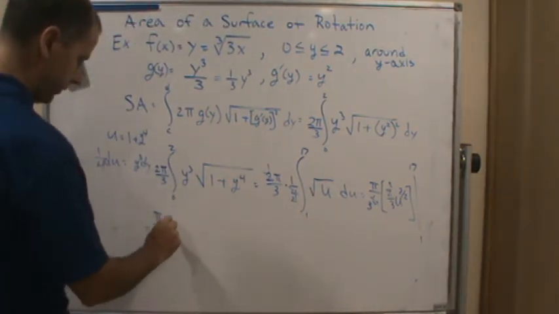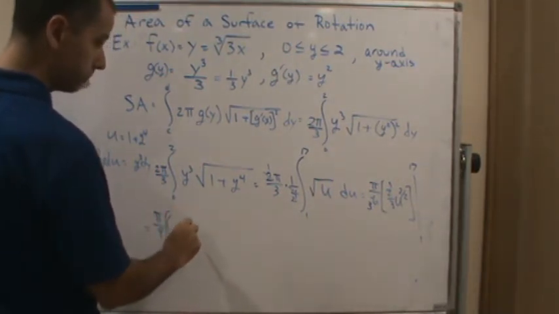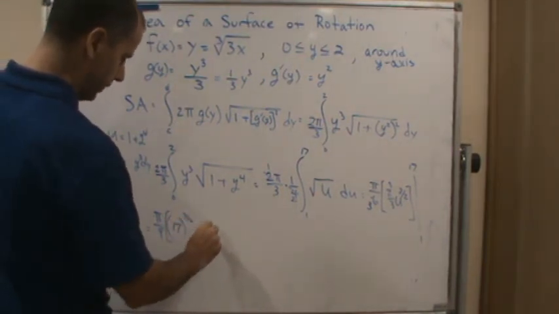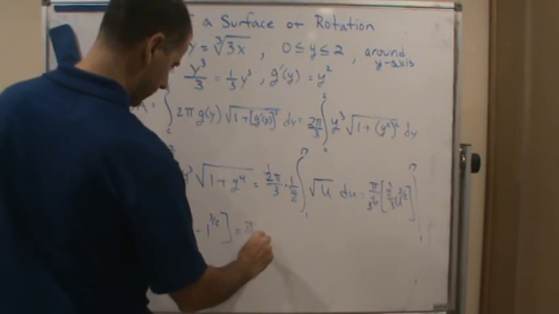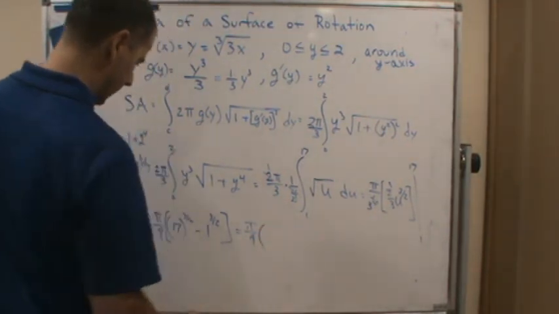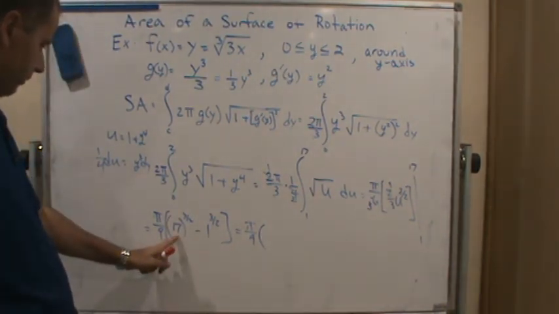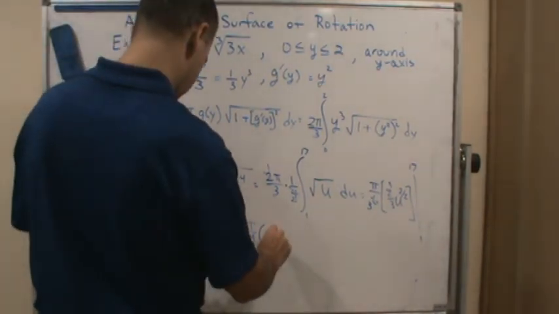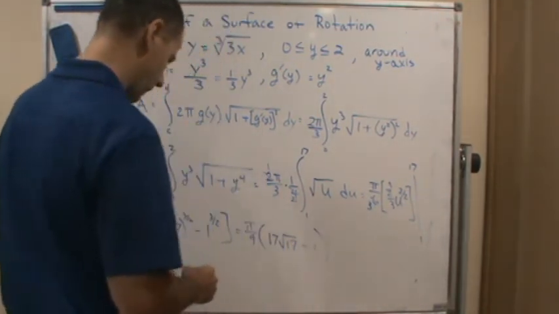So I get pi over 9, and I go from 17 to the 3/2 minus 1 to the 3/2, which gives me pi over 9 times, well, this is just going to be 1, and this is going to be 17 square root of 17, minus 1.